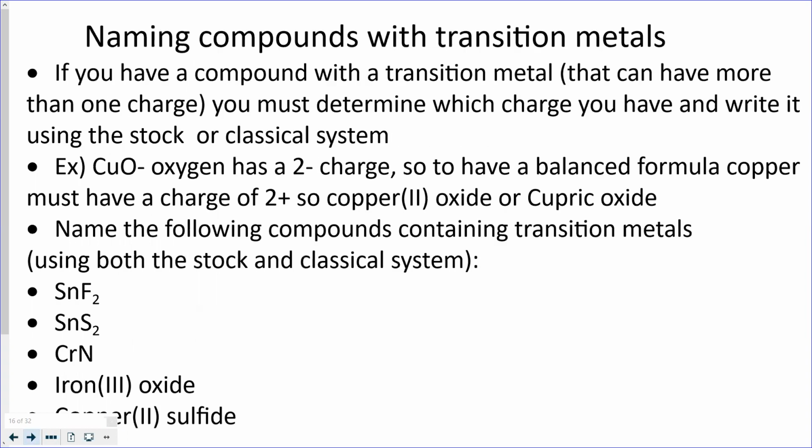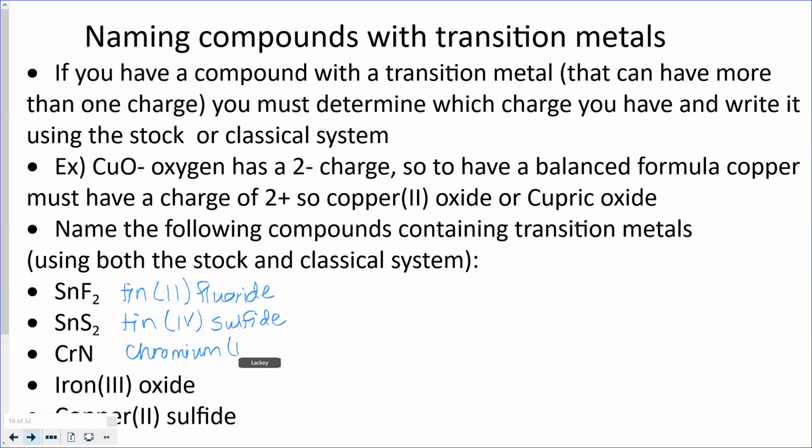So to show you how this works, I'm going to go back to our examples that we did in the other video. So we had tin 2 fluoride, tin 4 sulfide, and we won't have to do it with chromium.